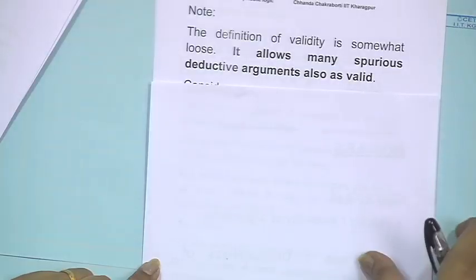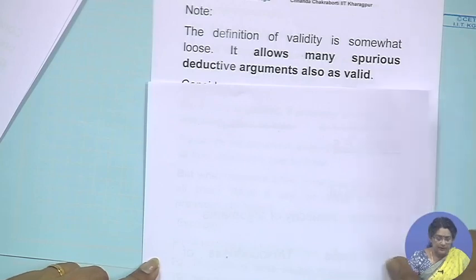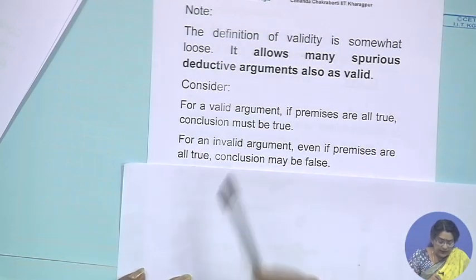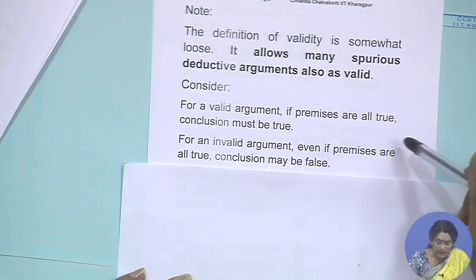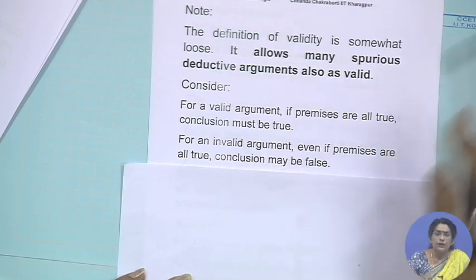Why? Because it allows many spurious deductive arguments to come out as valid. Such as what? I will try to explain the problem a little more. I will remind you that we just learned that for a valid argument, our main concern is what happens when all the premises are true and the conclusion has to be true.